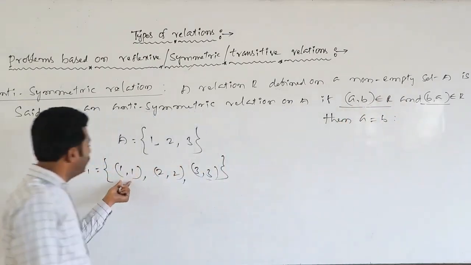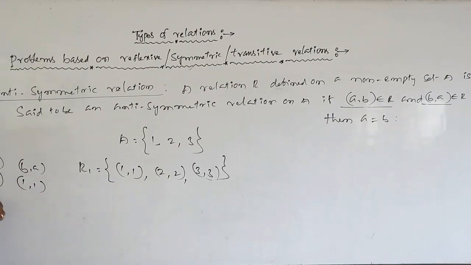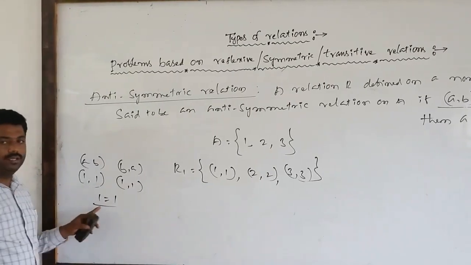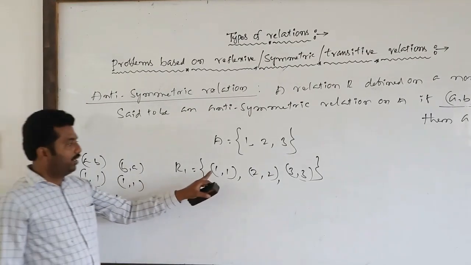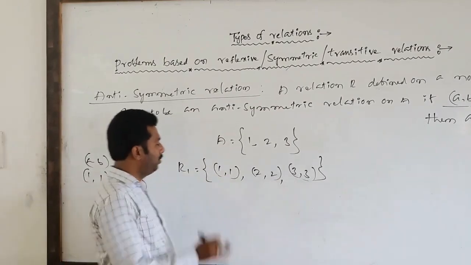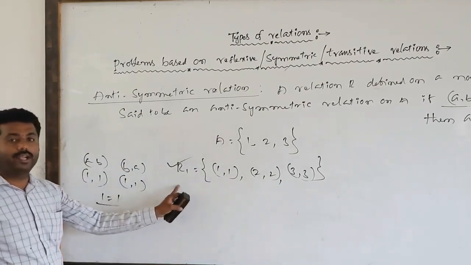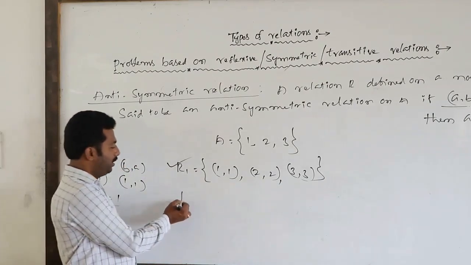For example, suppose this is (A, B), we select (1, 1). What is (B, A)? Again (1, 1). AB is there, BA is there. Can I take 1 equal to 1? Yes. So 1 equal to 1, 2 equal to 2, 3 equal to 3. This is always an anti-symmetric relation.